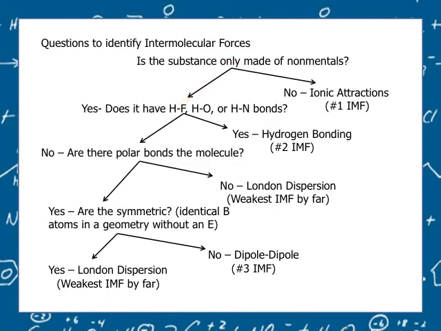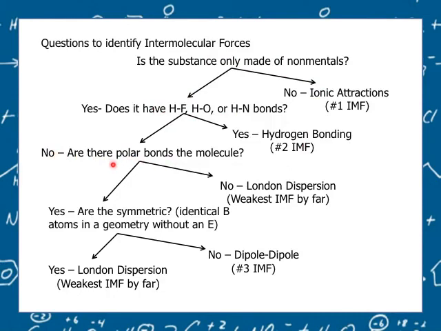Next, if you are only made of nonmetals, so you are some type of covalent, the first thing that we need to look for is the presence of those especially strong polar bonds, HF, HO, or HN. If those are present, you are going to have hydrogen bonding, which is number two in terms of intermolecular strength.